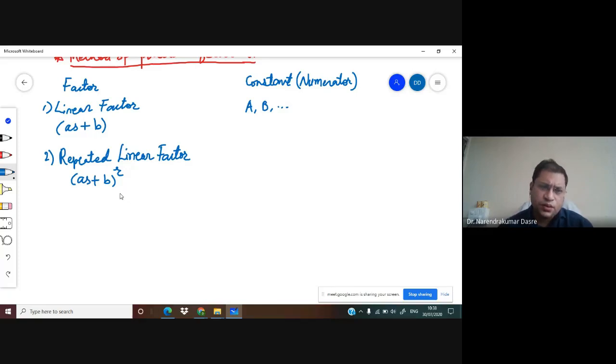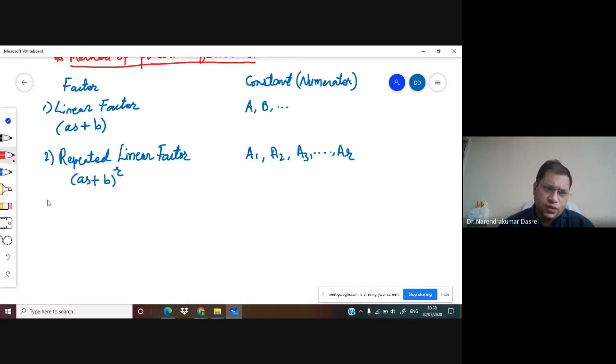Okay, so this is the factor which is repeated r times, and hence what will be the constant chosen corresponding to this factor? A1, A2, A3, and so on up to Ar. Okay, so if we have this factor repeated r times, that means we have to choose r constants corresponding to each power of this factor.